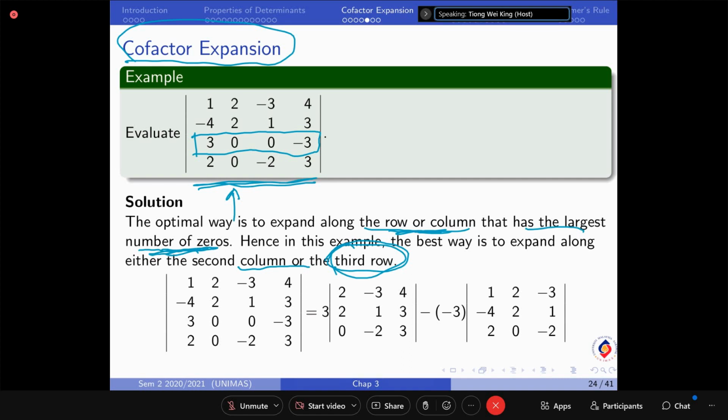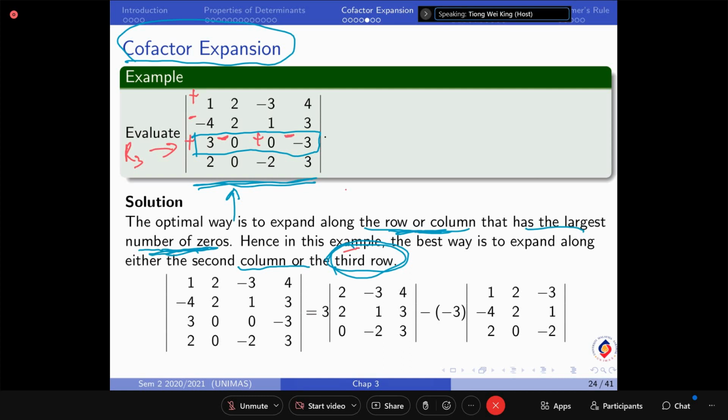For the cofactor expansion, remember the plus minus sign here is important. That's why you always start with plus, then minus, then plus. Because we want to expand along row 3, you just do the plus minus sign for row 3, not all the entries in the matrix. So plus minus plus minus.